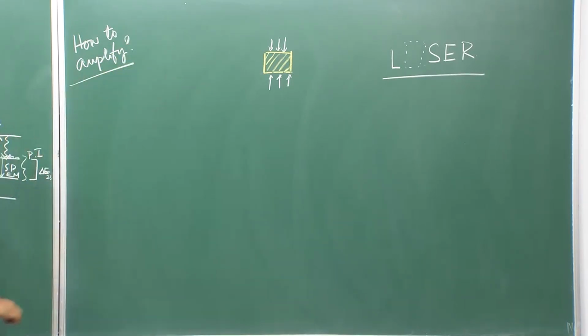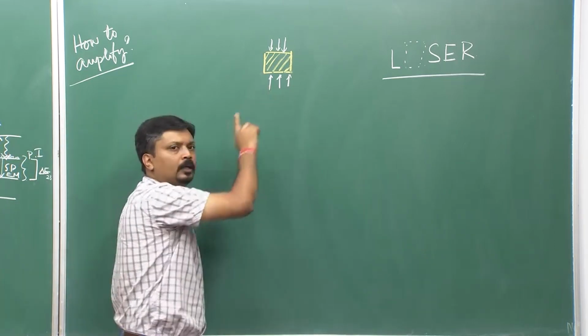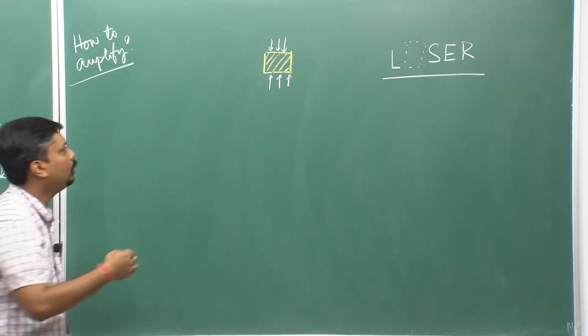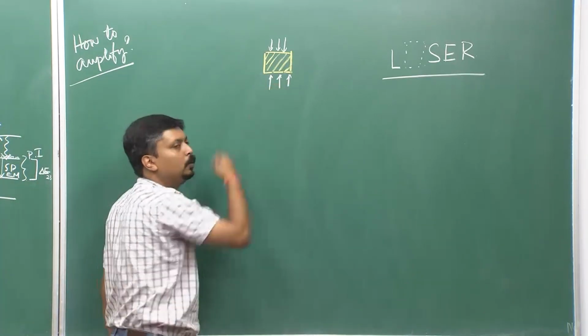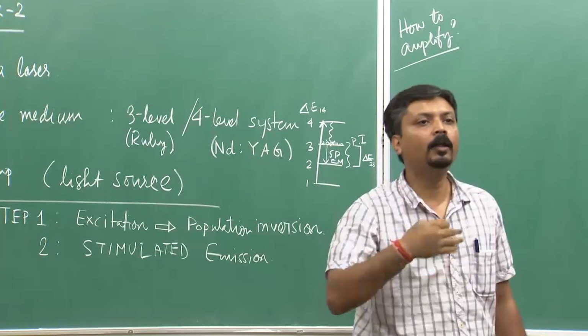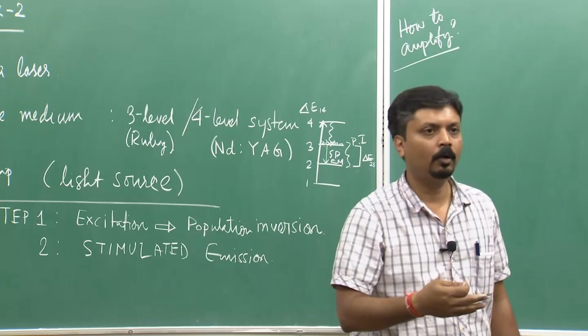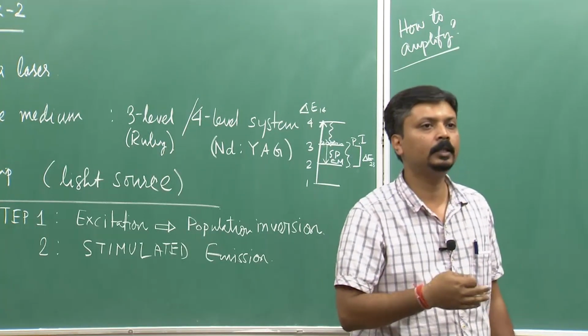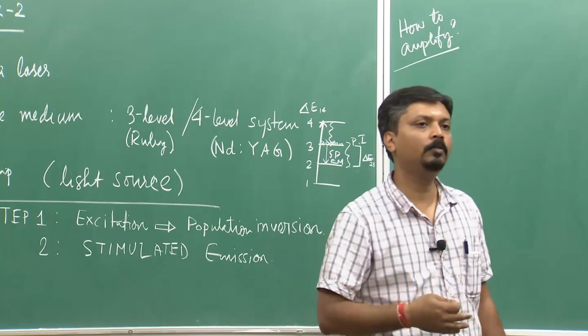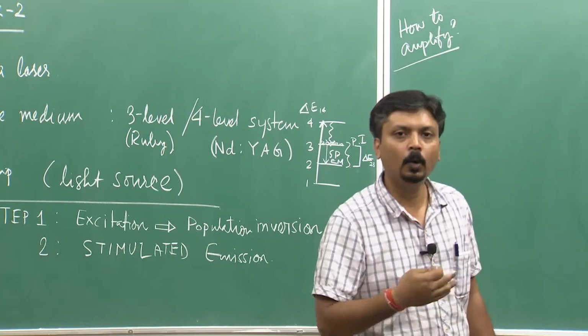It is clear that in this condition, these stimulated photons are not going to create a huge amount of further stimulated emission, or the spontaneous emission alone is not going to trigger a huge amount of stimulated emission, and thereby no amplification.